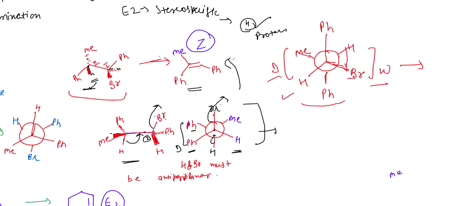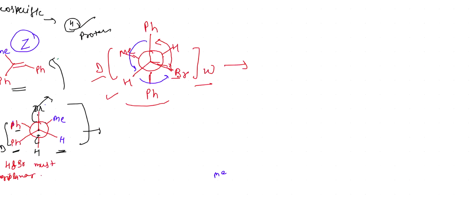Just rotate the first carbon by fixing the second one. So when you do this, what will happen? Bromine, hydrogen, and phenyl group, and second carbon was fixed.